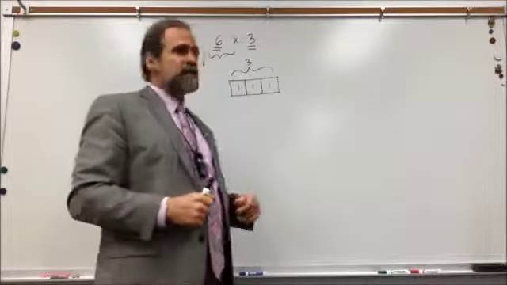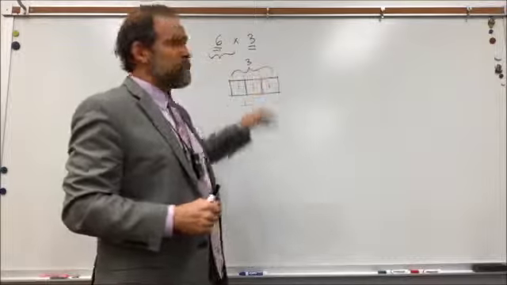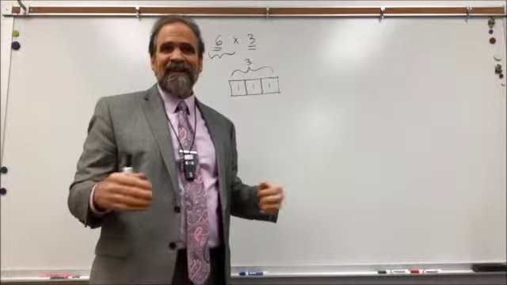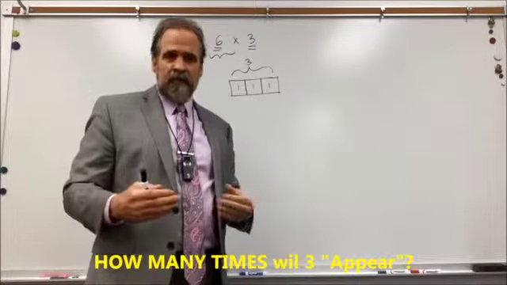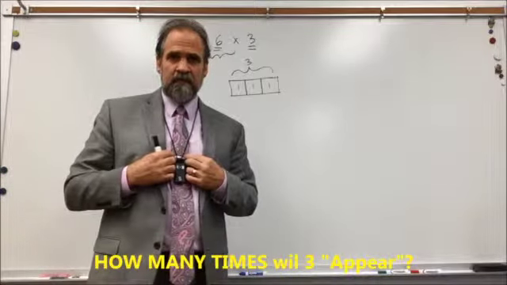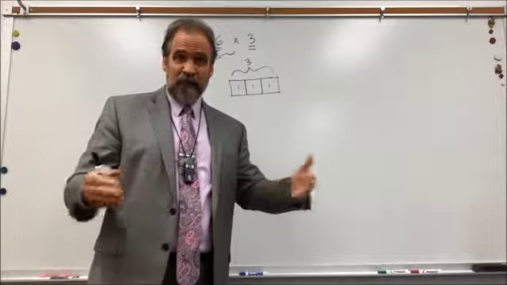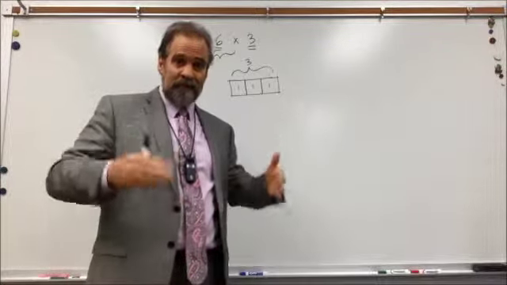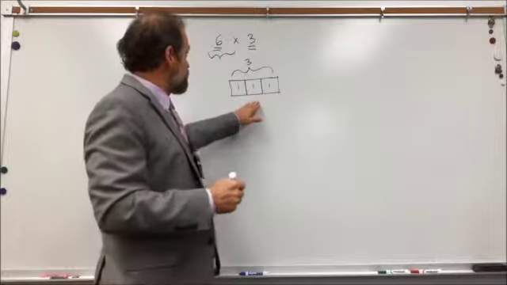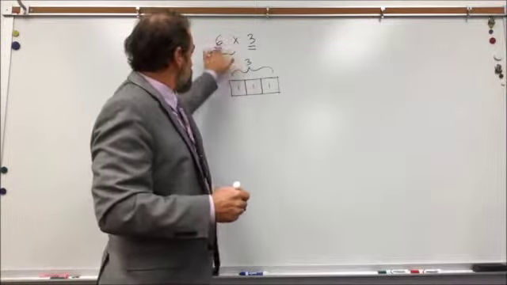Now the next thing is, if that's 3, and this says 6 times 3, how many times would 3 appear? I'm trying to drive in that notion when I'm asking students questions like that of times. Times means multiplicity, therefore multiplication. So if I've drawn a 3, it's going to have to appear 6 times.